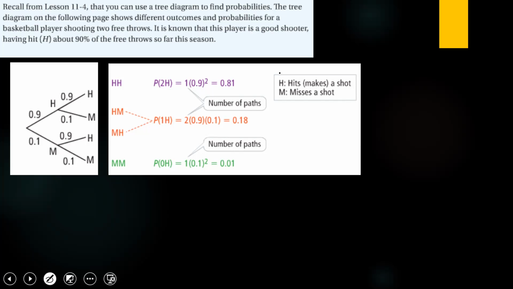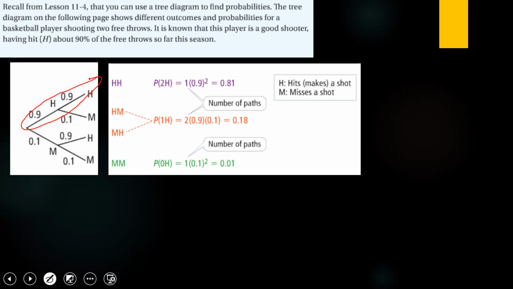I will look here. I want to see where they are both hits. This one only, or this branch only. So I will say 0.9 times 0.9, which is 0.81.